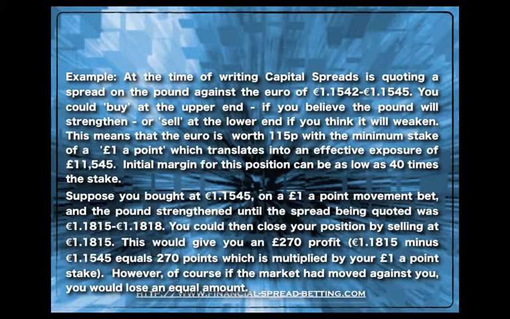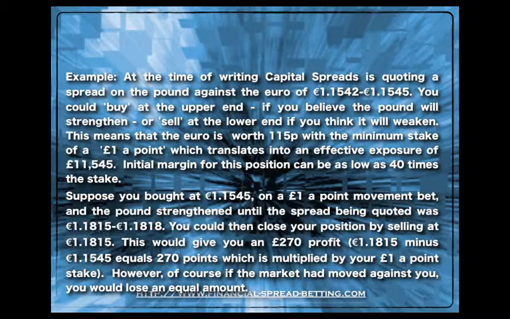Let's suppose you bought at 1.154 euro on a £1 a point movement bet, and the pound strengthened until the spread being quoted was 1.1815 euro to 1.1818.